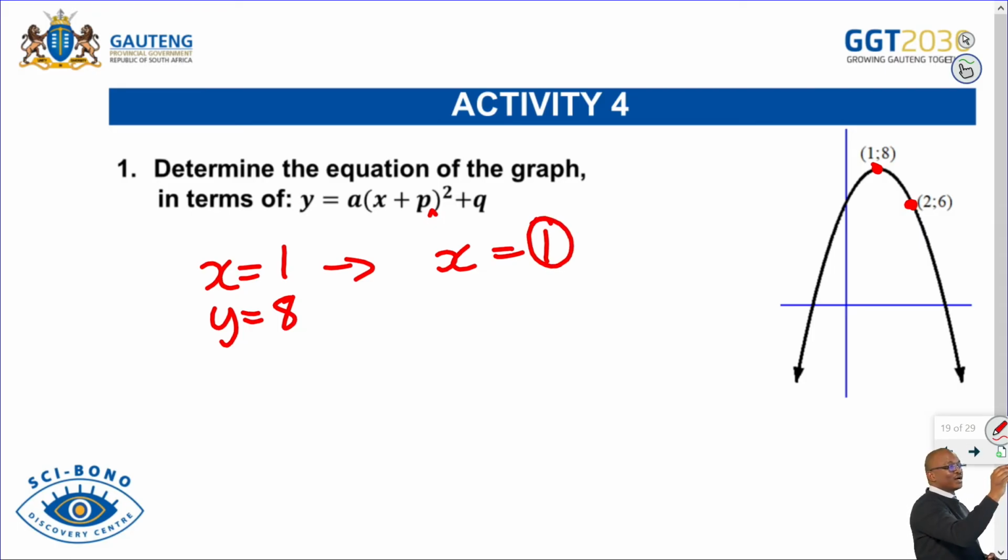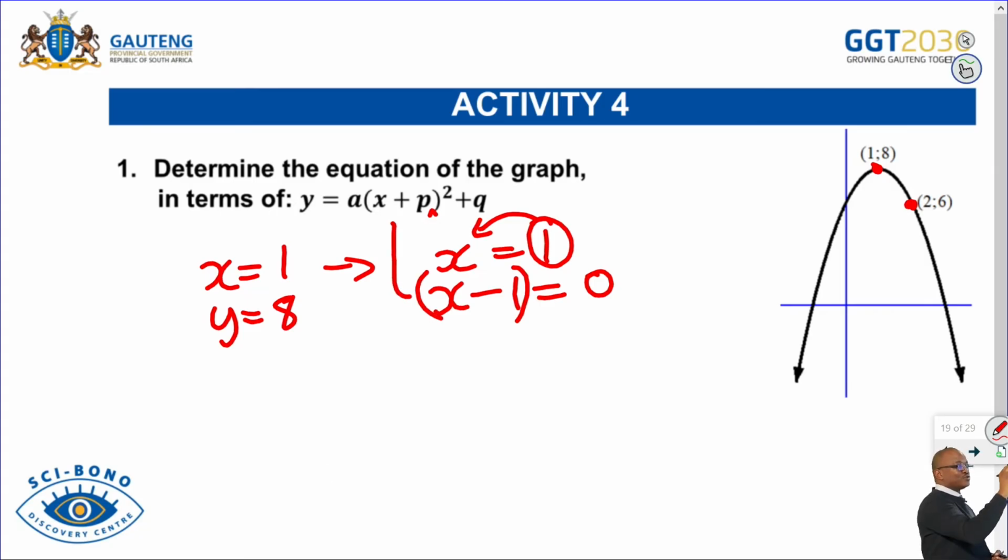I will take this one and transpose it. I will have x minus 1 is equal to 0. Then this is what I will take inside the bracket. You can see there is a difference between the positive 1 and the negative 1 that you will take there. So for you to determine how you are going to substitute, you need to firstly convert that equation to be equal to 0.